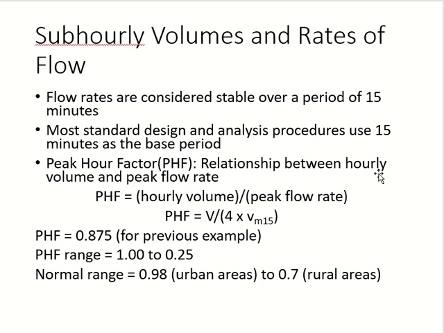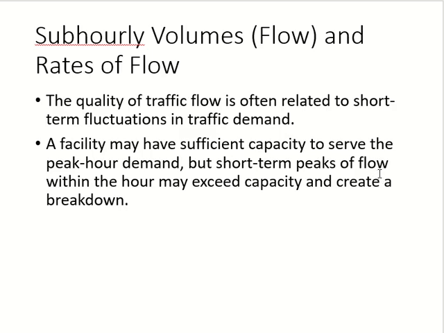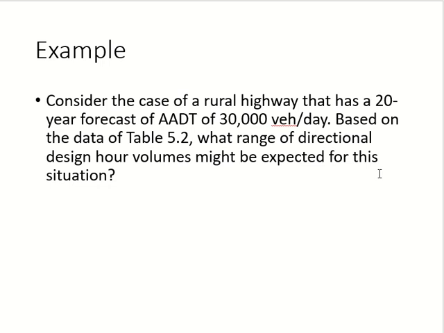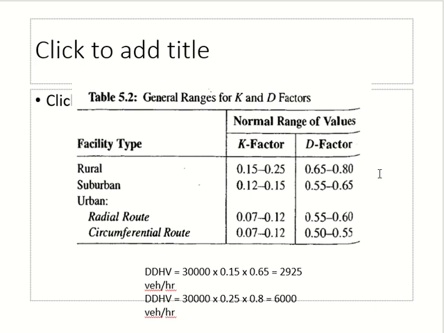We calculate a factor which is called the peak hour factor. If you go to this example, we calculated this hourly volume, right? Somebody says I will take this value, 6,000. You cannot take it directly.